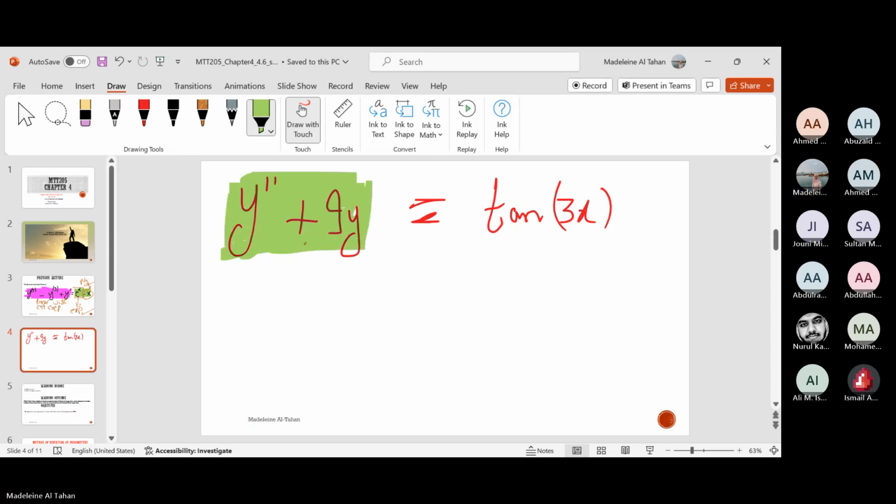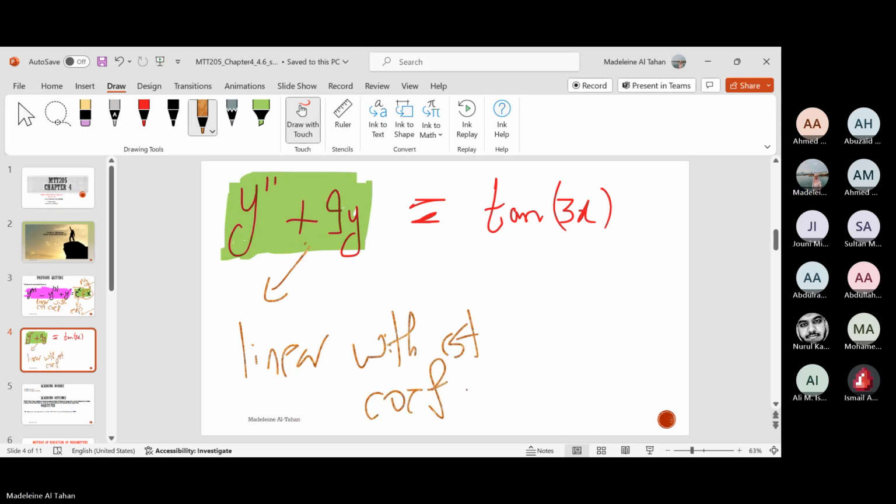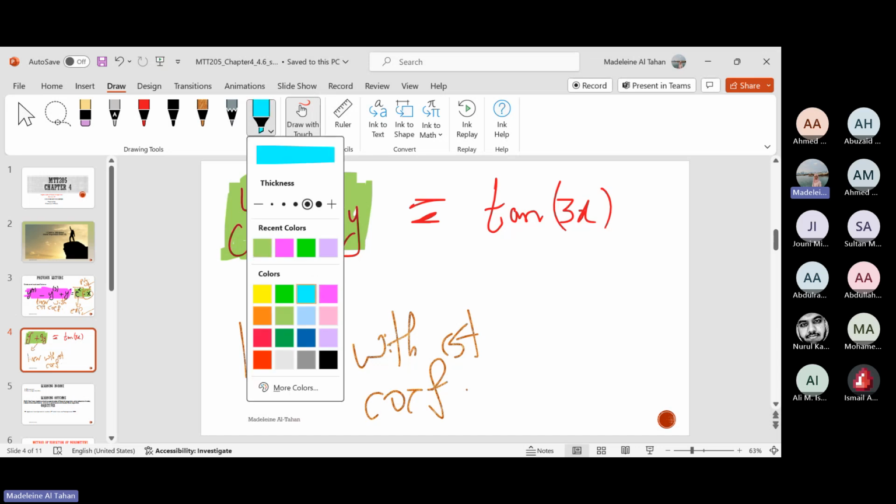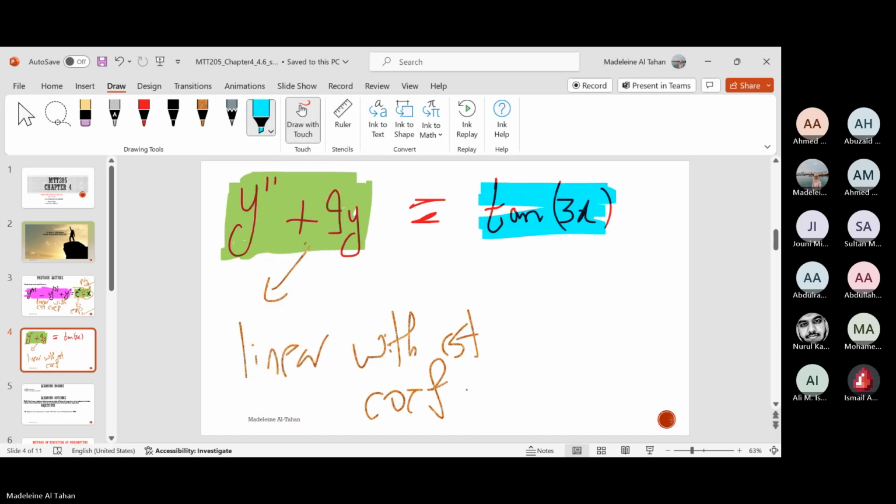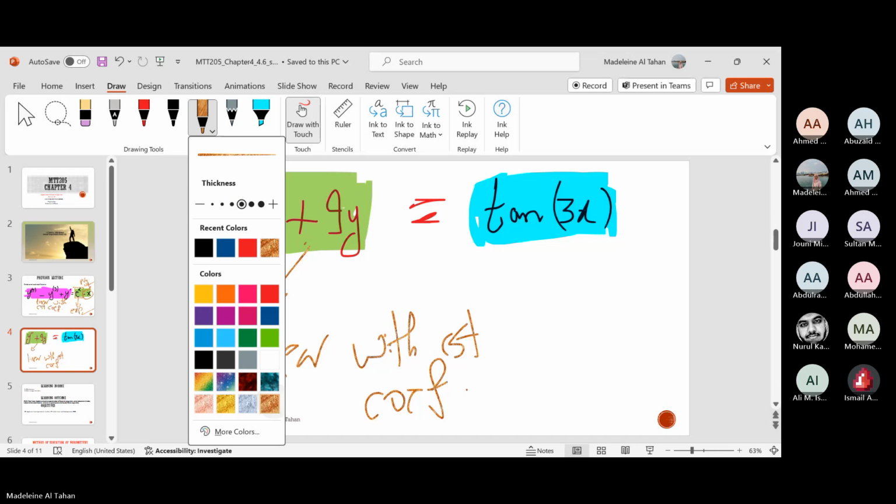Yes. Okay. Linear with constant coefficients. Now let's look at this side. Are we okay with it? I think we're only okay with the sine and cosine, right? Exactly. So does it belong to the table? No.